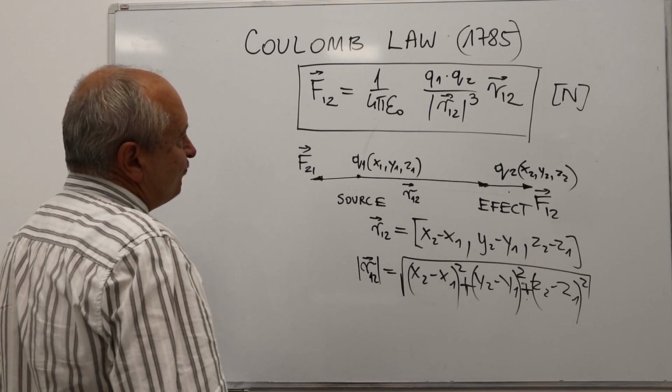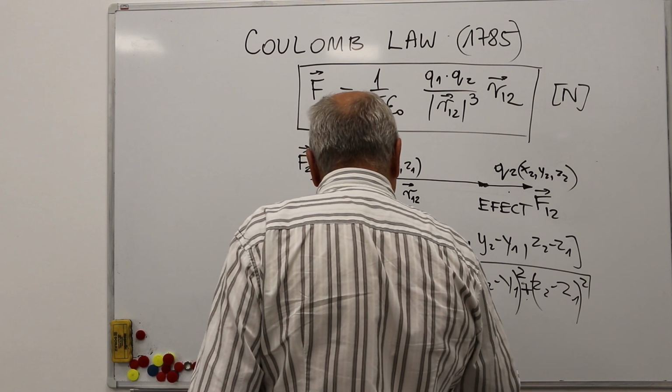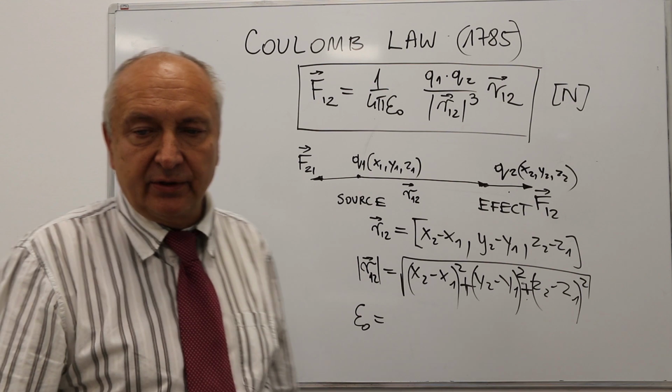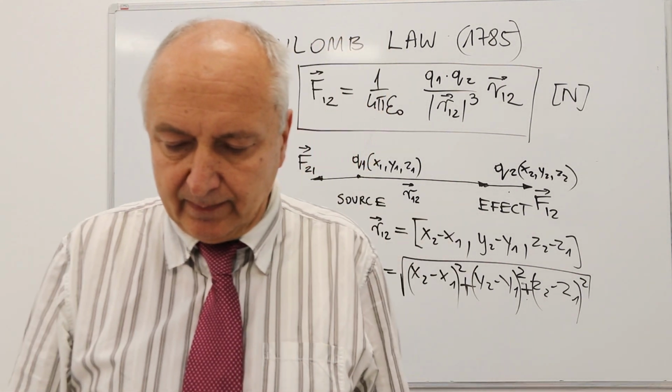And finally epsilon 0. This is a constant. We know this constant with an accuracy of 11 digits.